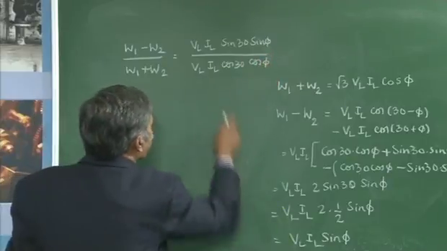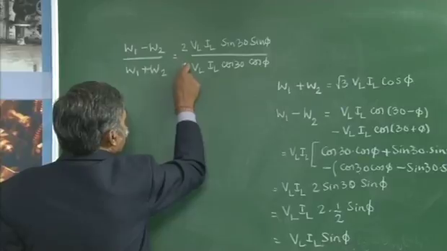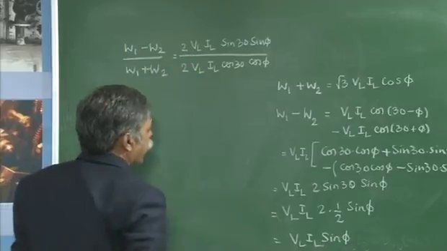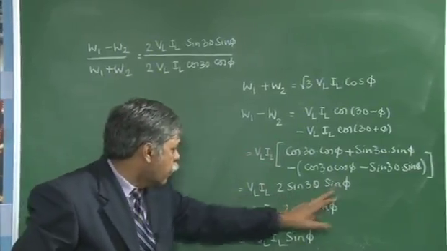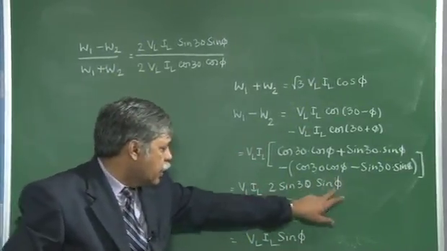Of course I have not written the 2 here, so in both cases I should write 2 in the numerator as well as the denominator. You can see W1 minus W2 is 2 VL IL sin 30 sin phi.